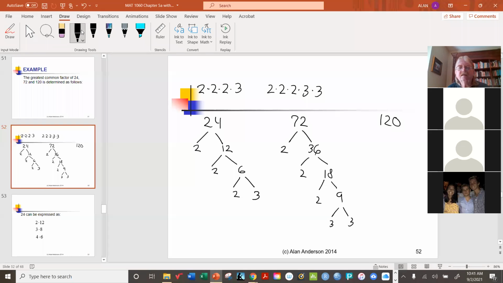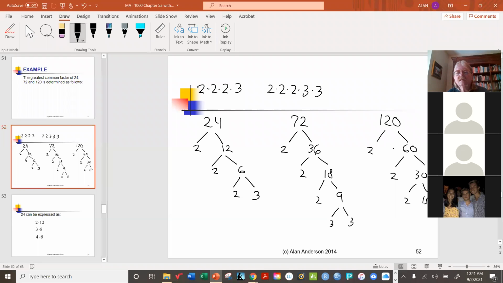And then 120. Okay, so for this one, we have 2, 2, 2, 3, and 5.